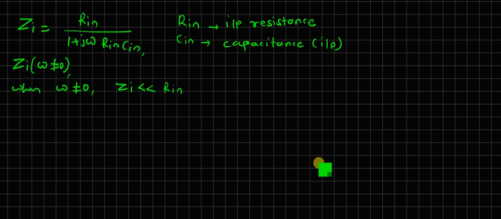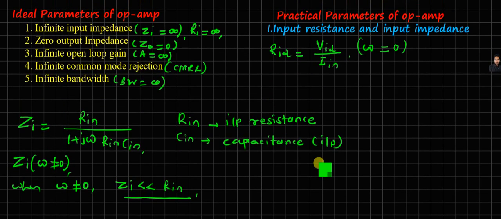So input impedance is less than the input resistance for this condition. The input impedance is frequency sensitive, and it particularly depends upon the frequency.